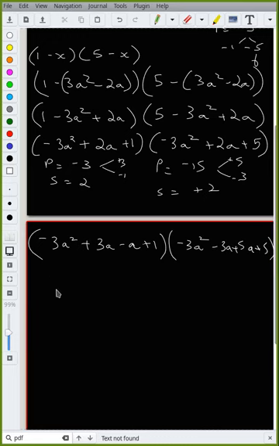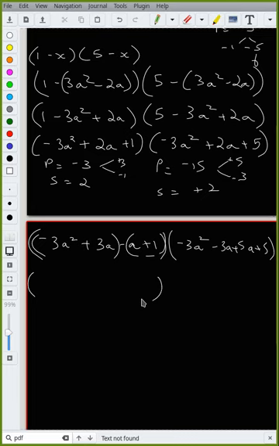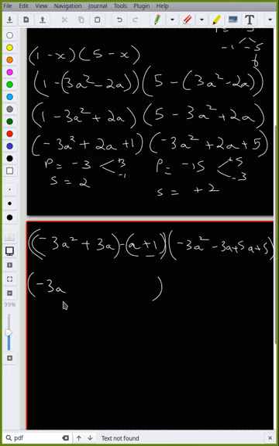So we can group these now. If we group these two and these two, what do we take out common here? Minus 3a. So if I take out a minus 3a, I'll be left with a minus 1, right?